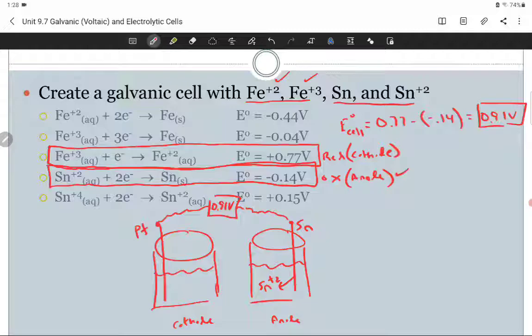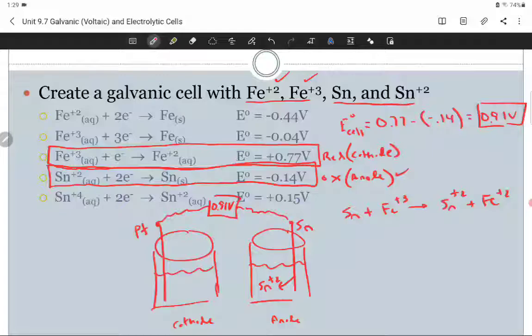Now, I didn't actually write out the chemical reaction here. Tin metal, iron plus 3 goes to tin plus 2 ions, and iron plus 2.